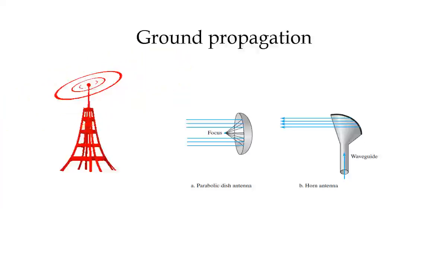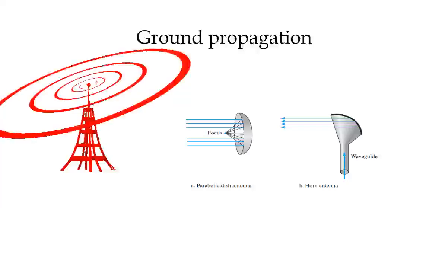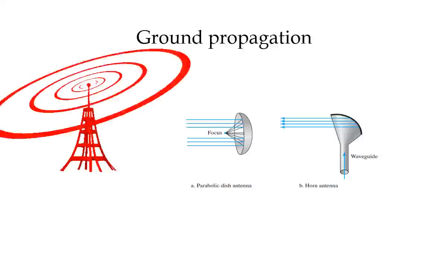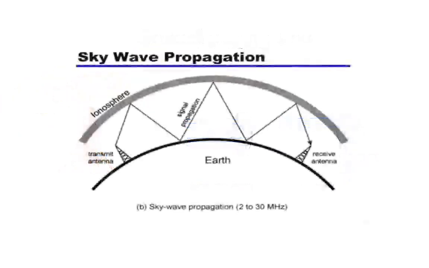Next is sky wave propagation, where we use an antenna with high frequency which sends the signal to the ionosphere, and it is reflected to the ground and from the ground to the ionosphere again. Likewise it reaches the receiving end.